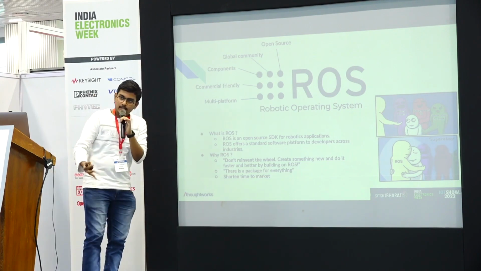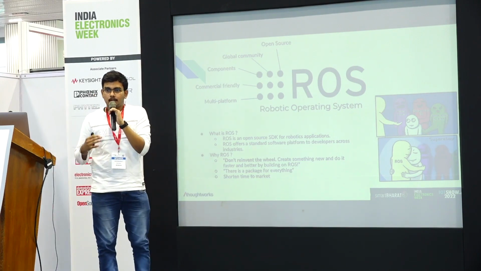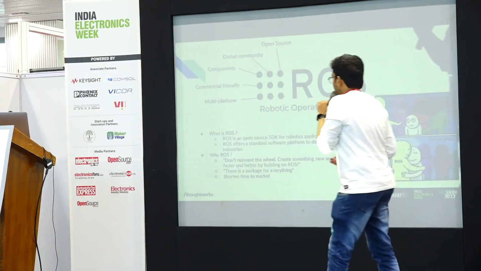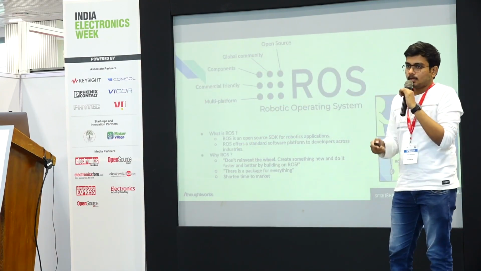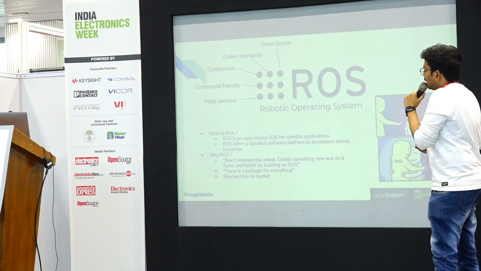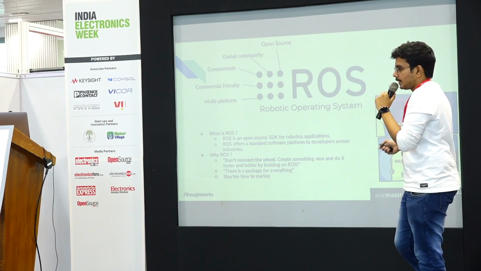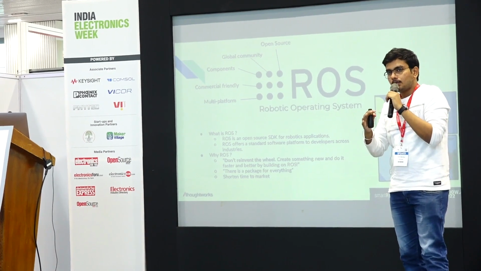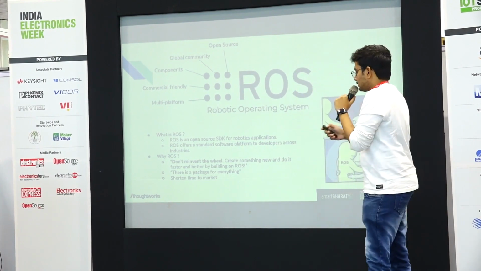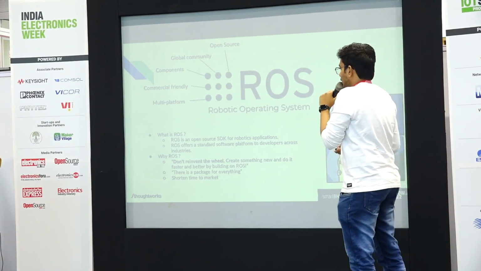For whatever packages we need, we have them present in the ROS ecosystem itself. It is multi-platform, so it can work on iOS, Linux, and other platforms as well. And it is commercial friendly: you can put your code into production without having to inform anyone.